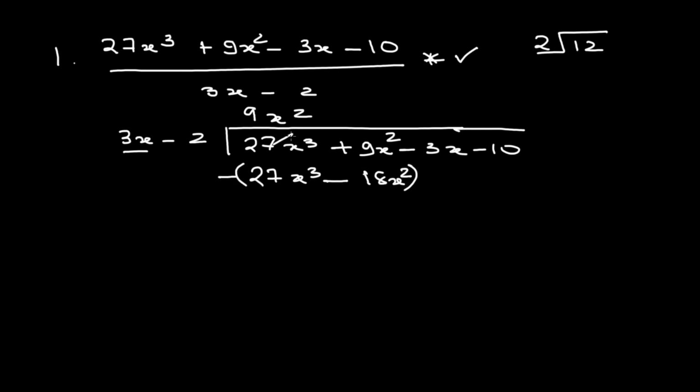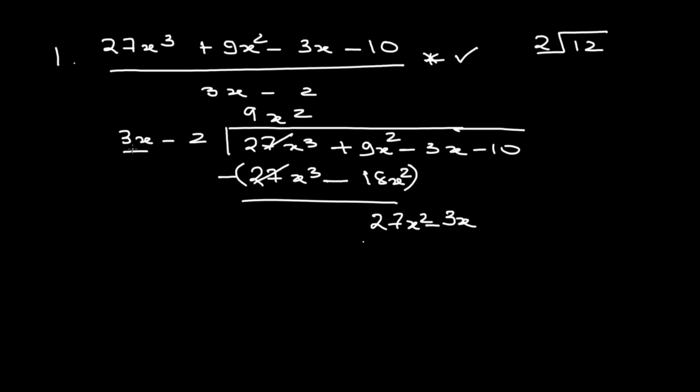This and that, they cancel out, and then minus and minus becomes a plus. Remember the lessons we did in the beginning. So this becomes 27x squared. Then, because I'm dividing with two terms, it's always very clever to just bring it down quickly here.